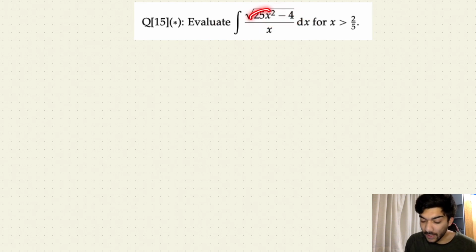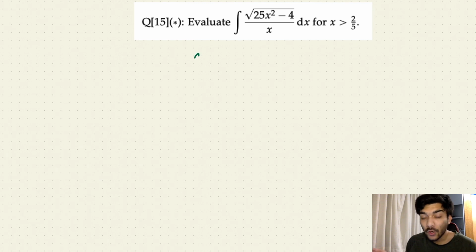And again, in this case, we see the expression 25x square minus 4. So if we take x to be 2 by 5 secant theta, 25x square will become 4 secant square theta, right? So this term will become 4 secant square theta minus 4.